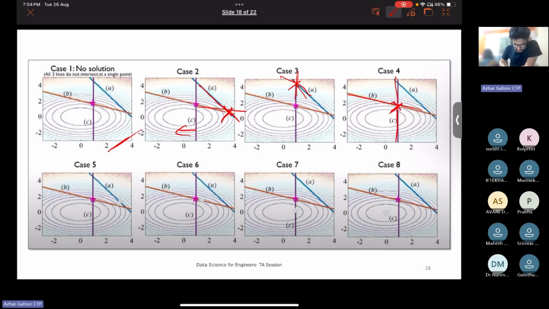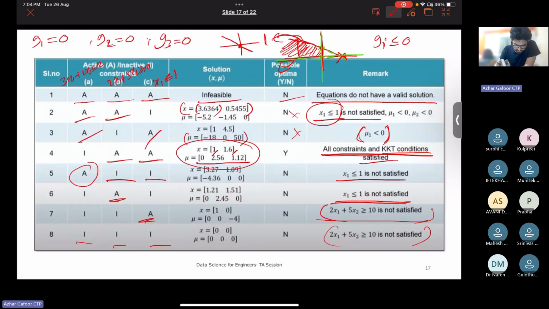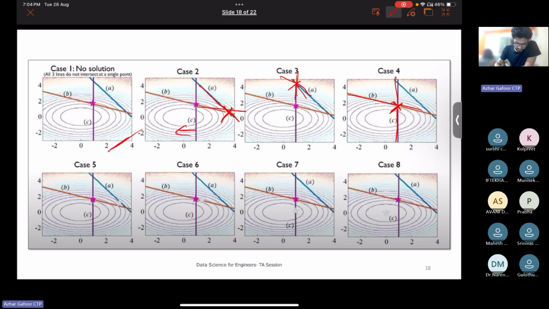And the other cases we just took. So what was case 5? Yes, case 5 was where only this was the active constraint. So we got some solution here, but that was violating the feasible region. Similarly, for the next case, we got a solution here, with this single constraint being active, which was also violating the feasible region condition.